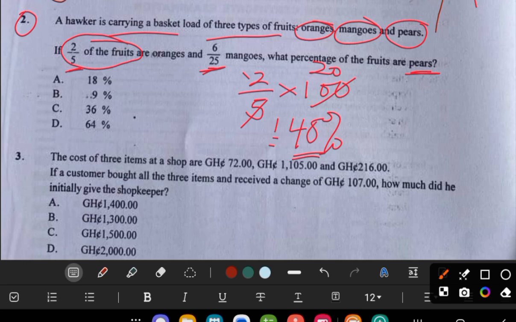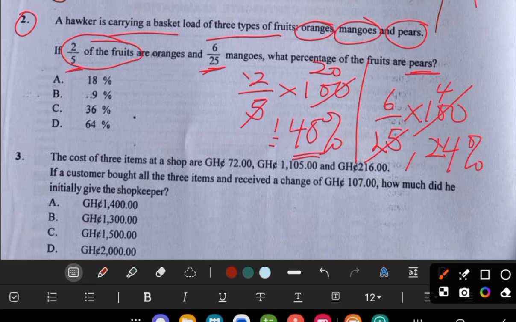And then 6/25 mangoes. So 6/25 times 100 is for mangoes. So 25 here 1, 25 here 4. 6 times 4 is 24. So 24%. So the percentage of fruits that are oranges are 40. Percentage of fruits that are mangoes are 24.